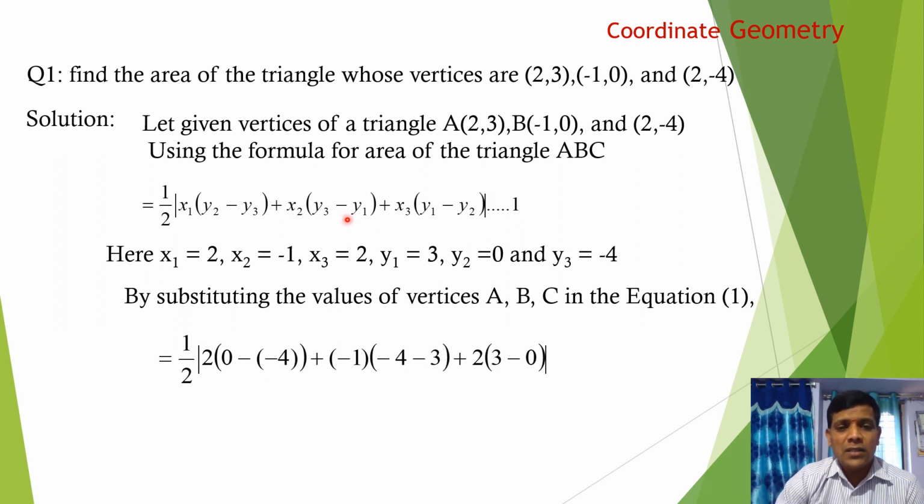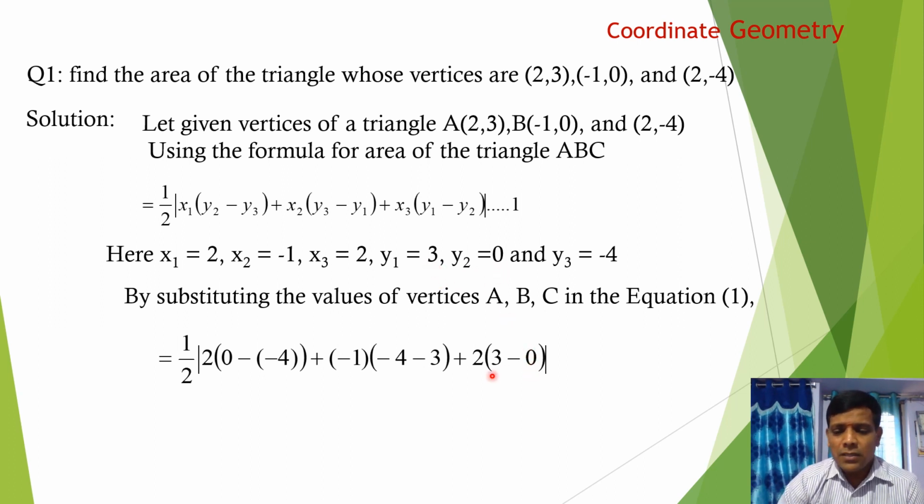The value of x2 is -1, so -1 into (y3 minus y1), y3 is -4, y1 is 3, so -4 minus 3, plus x3 into (y1 minus y2). x3 equals 2, so 2 into (y1 minus y2). y1 is 3 and y2 is 0, so 3 minus 0.